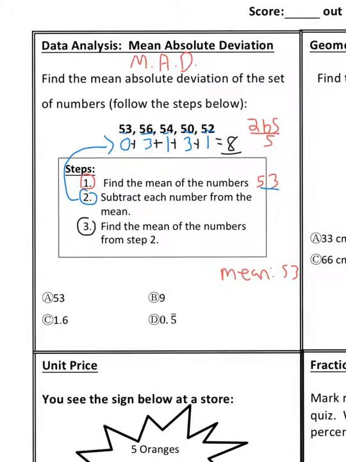Now I have to do 8 divided by 5, and I get 1.6. So remember the steps: find the mean, subtract each number from the mean with no negatives, then find the mean of those numbers from step 2. We'll be doing that a lot, so you'll get the hang of it shortly, but it is a pain in the rear end, I know.